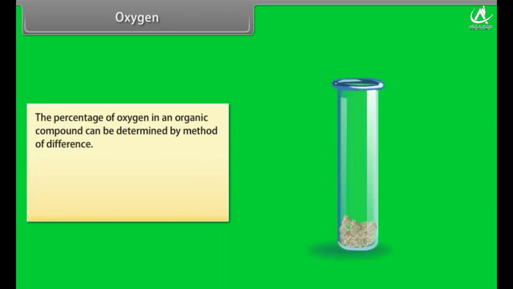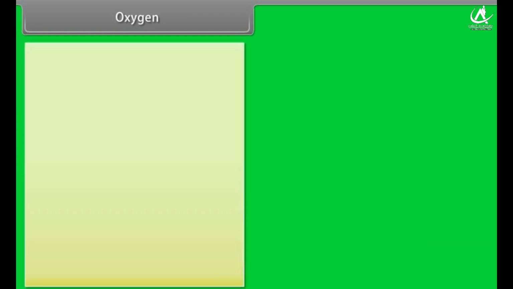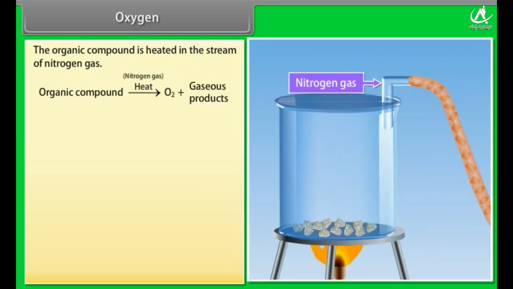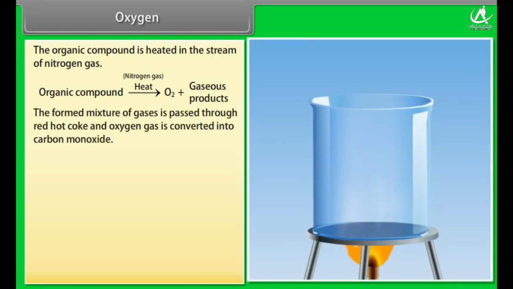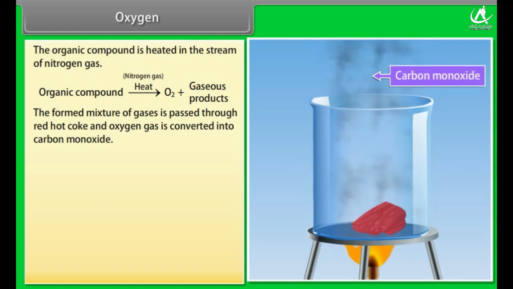Oxygen. The percentage of oxygen in an organic compound can be determined by the method of difference. All the elements in the organic compound except oxygen are estimated and the total of their percentages is subtracted from 100 to get the percentage of oxygen. The organic compound is heated in a stream of nitrogen gas. The formed mixture of gases is passed through red-hot coke and oxygen gas is converted into carbon monoxide.